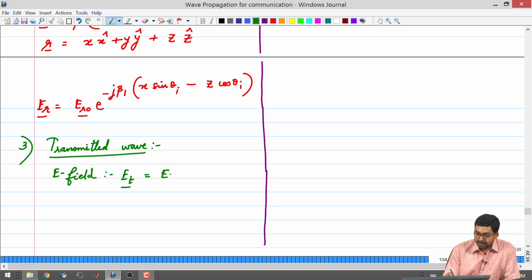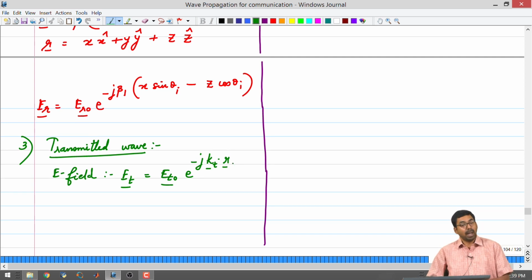It is going to look like some E t naught exponential minus j k t dot r. You have to find out k t and then you have to dot it with the position vector x x hat plus y y hat plus z z hat, all right.